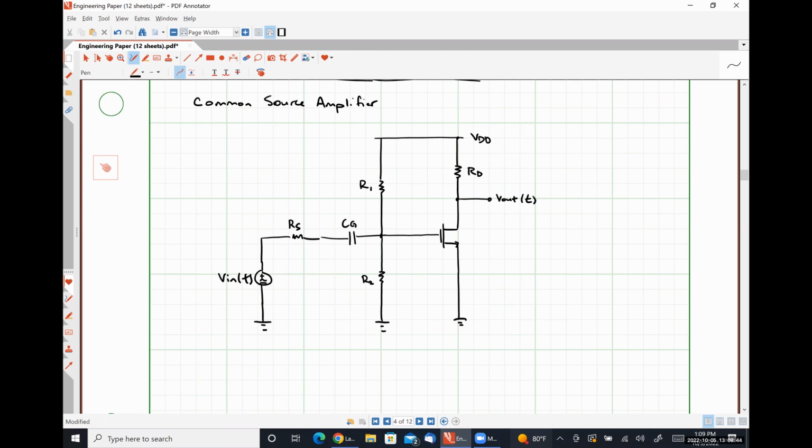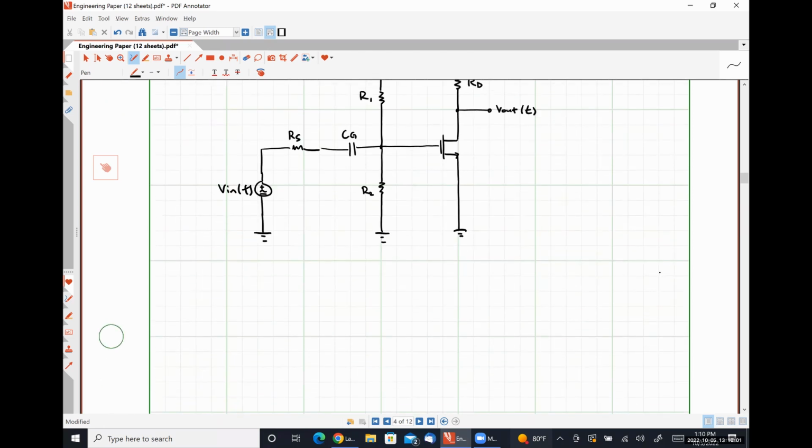So if we wanted to find our small signal parameters, we would need to first calculate the DC operating point of the device.